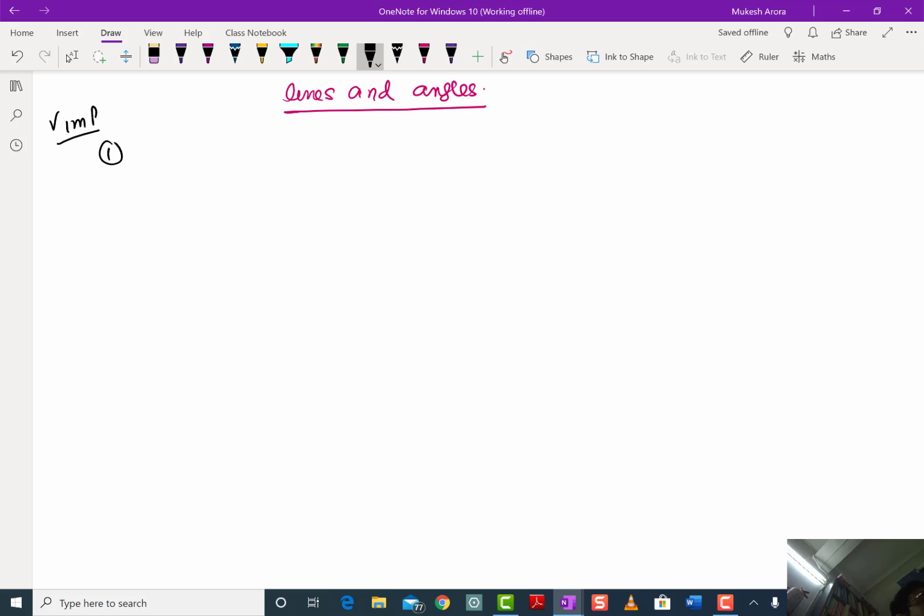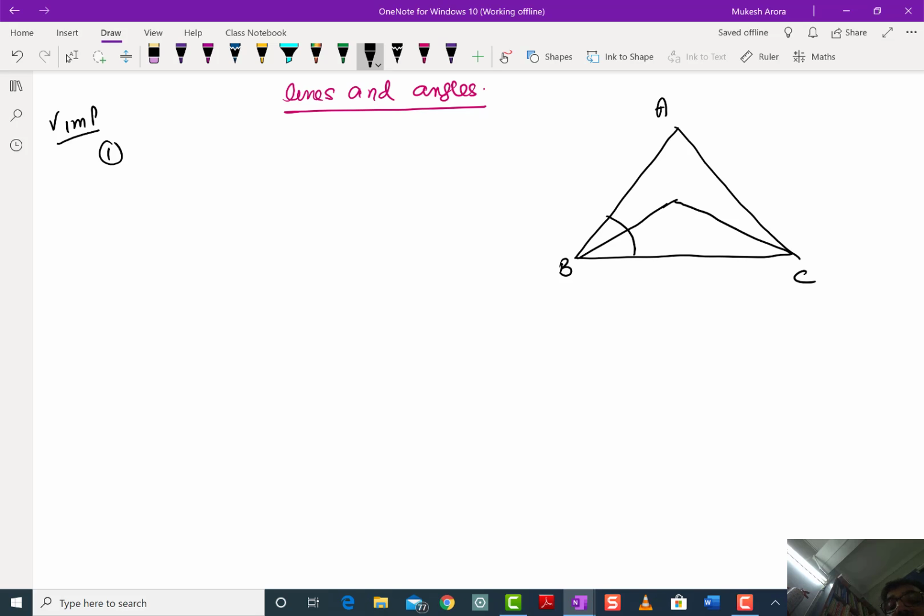In triangle ABC, the interior bisectors of angle B and angle C meet at O. Bisector means this is x, this is x, this is y, this is y.